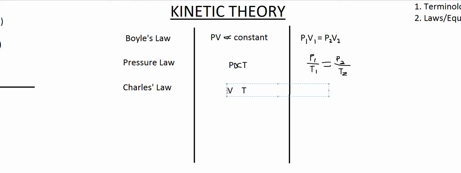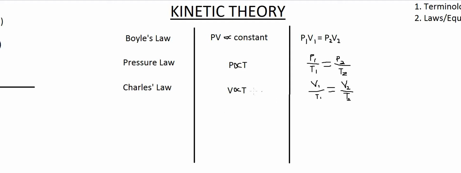So it's basically V is directly proportional to T. In equation form, this means V1 over T1 equals V2 over T2. This.